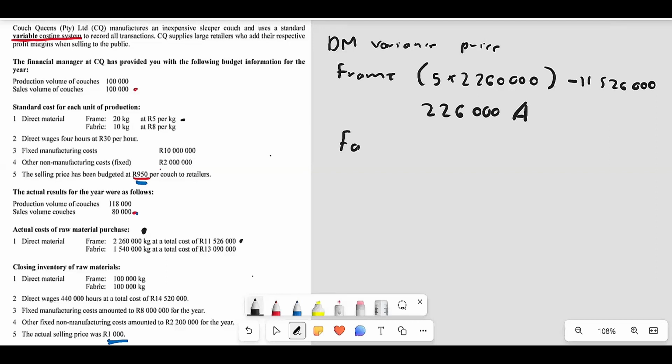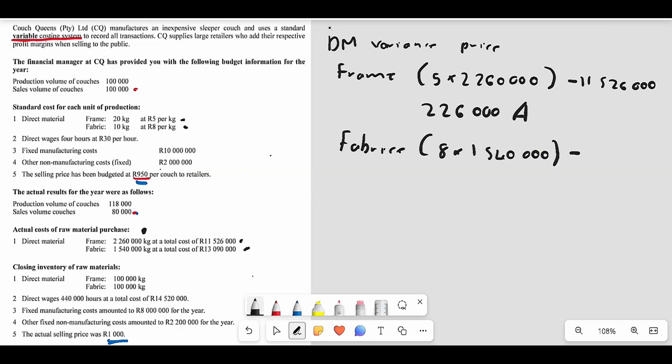So now let's do the fabric variance. We take the cost per kg, which is 8. We multiply by the actual purchases of 154,000.